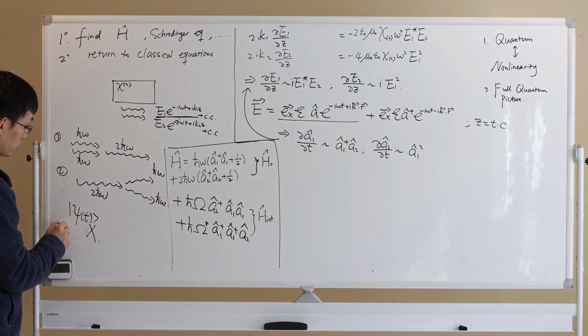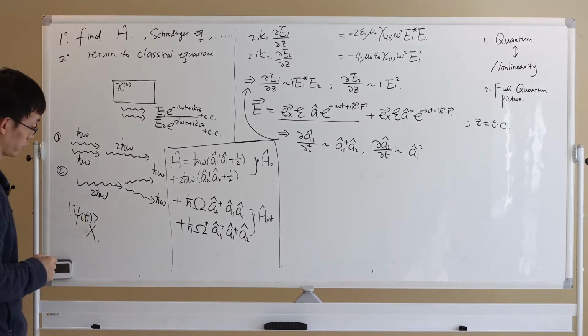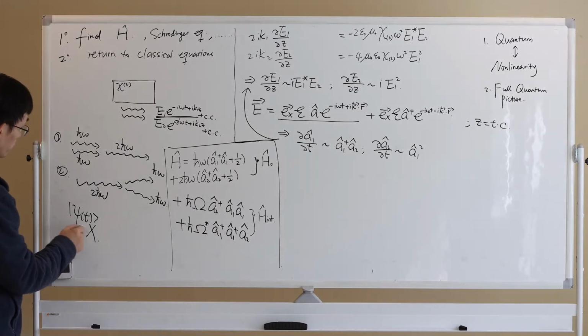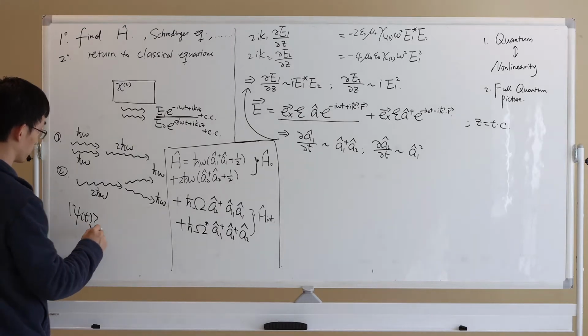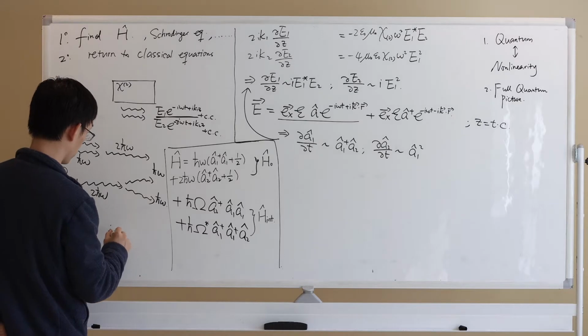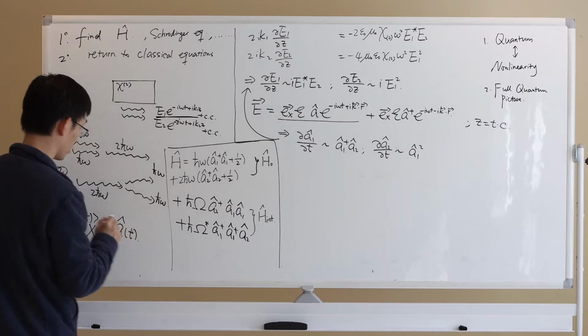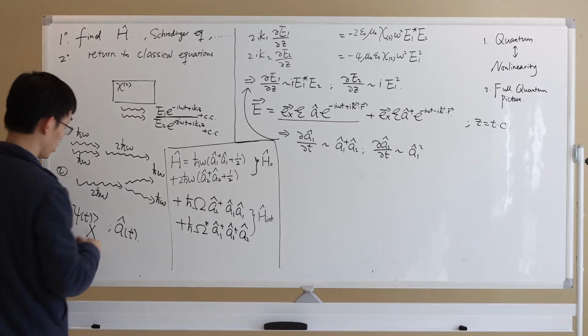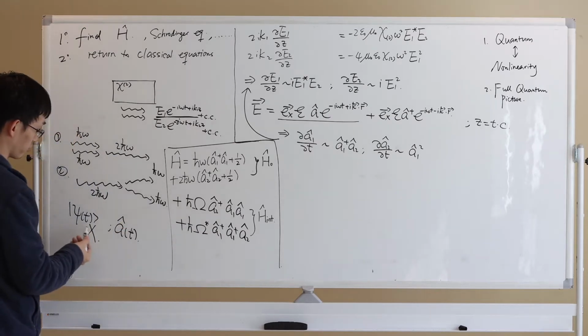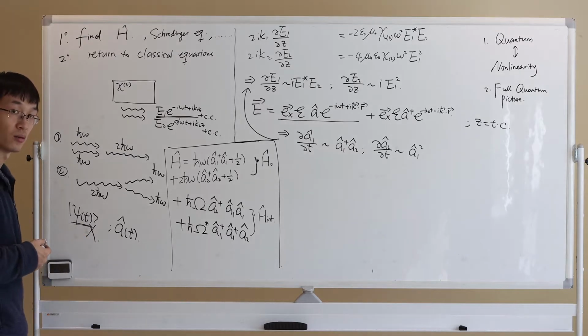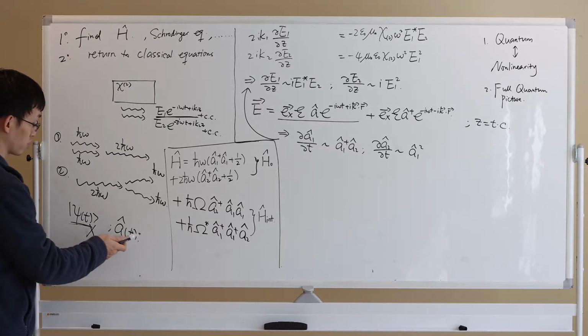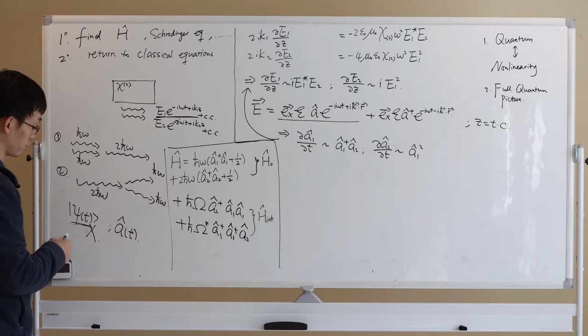Okay, this is typically what you would do in quantum mechanics. You solve for the evolution of the wave function, but instead, what you do is solve for the operator and its evolution in t. Eventually, when you try to measure something, you need to know the state.